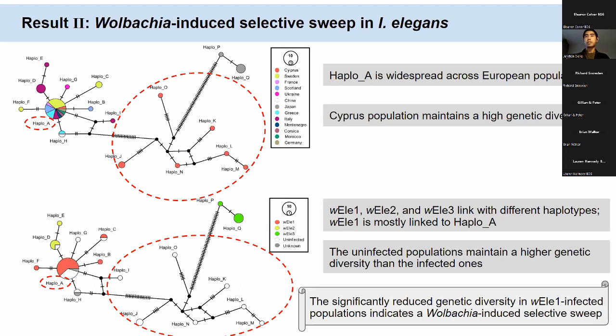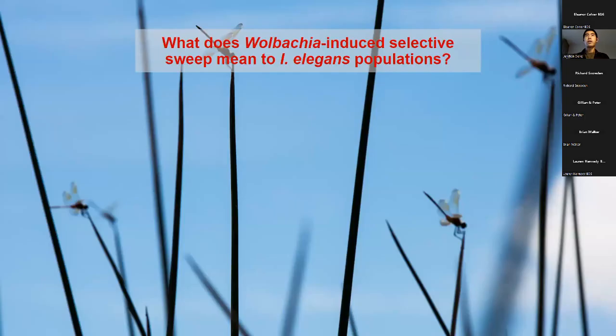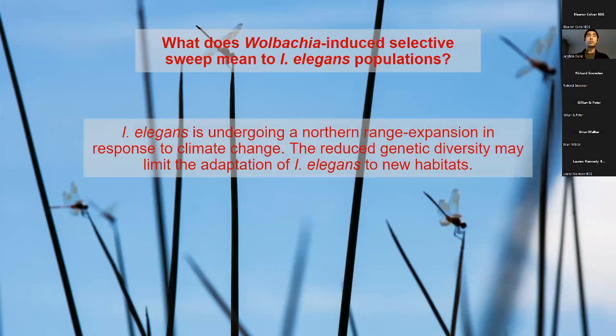So this is basically the main findings we have from our research. So what does this result mean for Ischnura elegans? We know that Ischnura elegans is undergoing a northern range expansion in response to climate change. So probably the reduced genetic diversity will limit the adaptation of Ischnura elegans to new habitats.